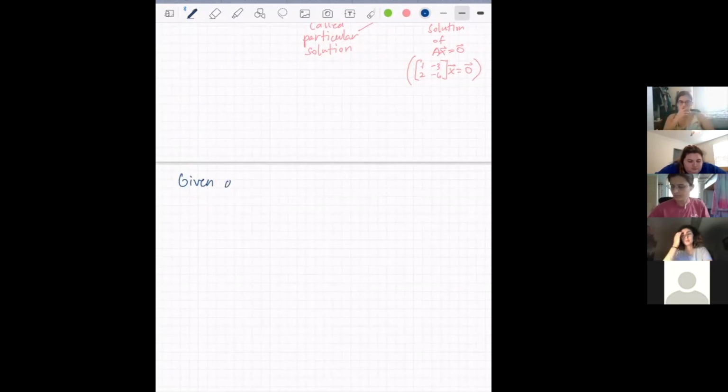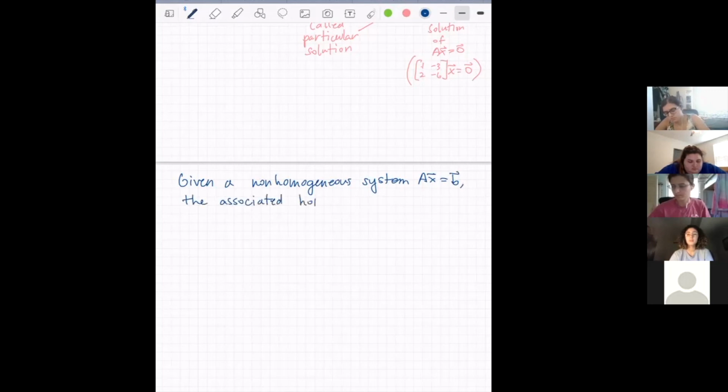Given a non-homogeneous system, AX equals B, the associated homogeneous system is just where you set it equal instead to 0, right?